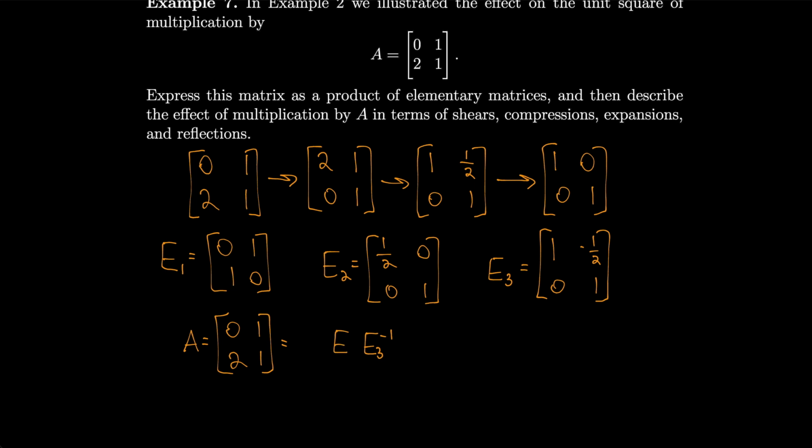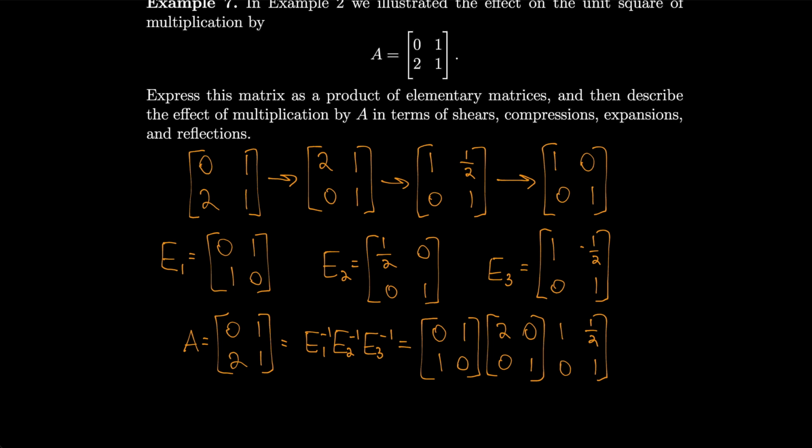So if we take E3 inverse, multiply it by E2 inverse, multiply it by E1 inverse, that is how we could build up A. So we build up A by taking 0, 1, 1, 0 times 2, 0, 0, 1 times 1, 1/2, 0, 1.